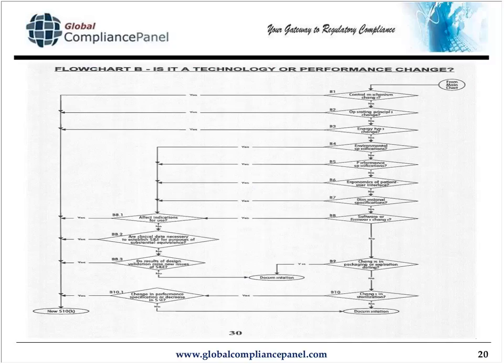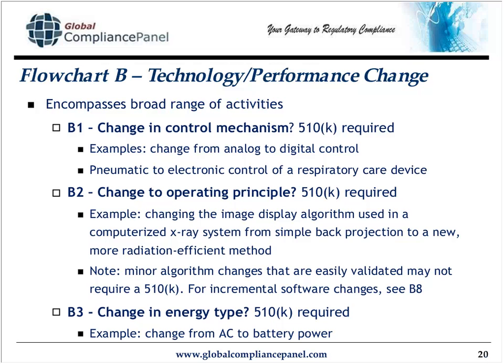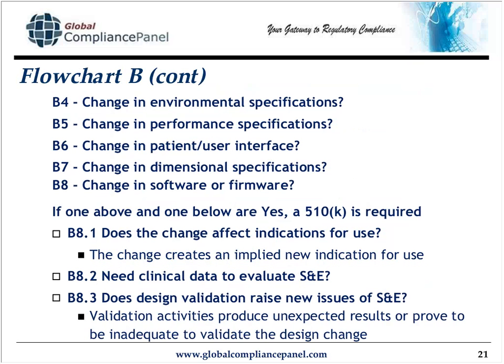That's the key determination in this area. Is it being used in a different way? Because if it is, the change creates an implied new indication for use. It's more of an actual indication for use than it is an implied indication for use.